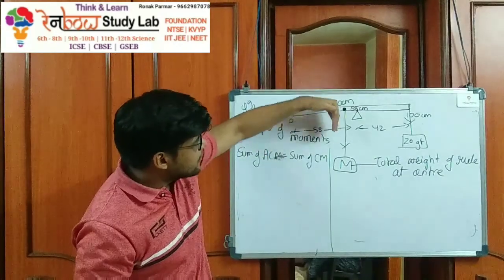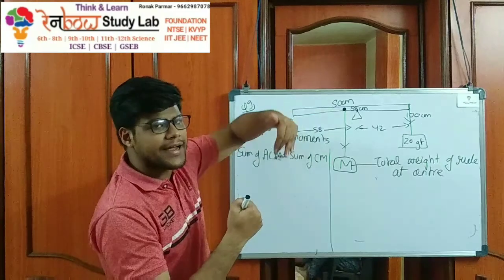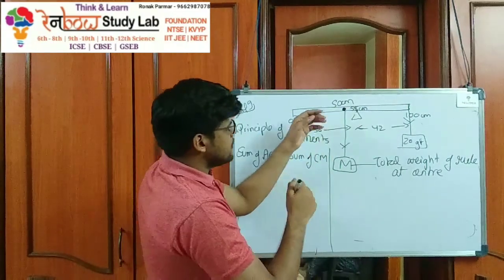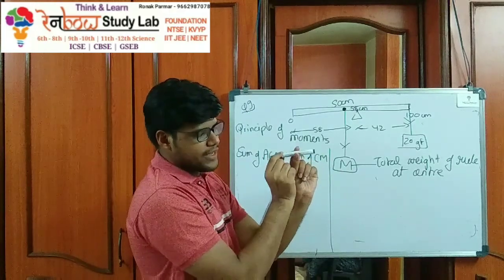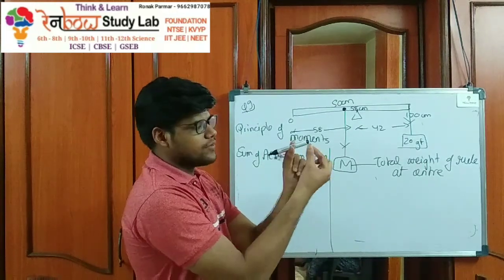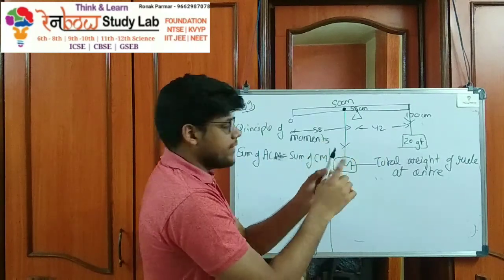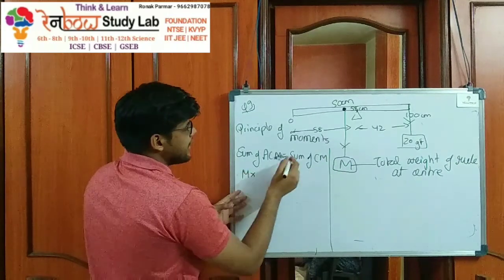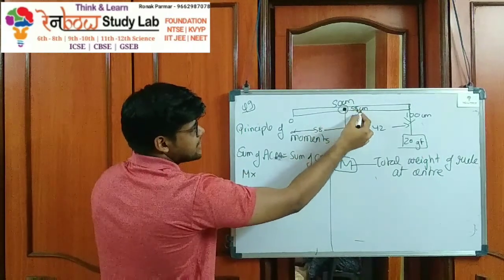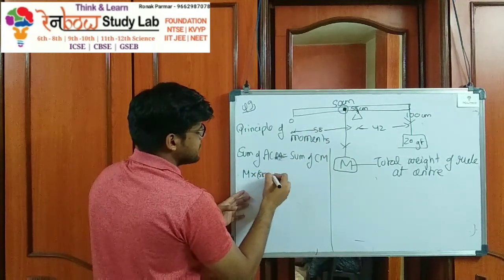Now, the load applied on left hand side of the pivot point and downwards will create anti-clockwise. You can consider this is your pivot point. If I apply force here in downward direction, it is creating anti-clockwise. And if I apply downwards here, this 20 GF, then it will create a clockwise. So anti-clockwise will be mass, force is m, and distance between the mass and the pivot point, 50 and 58, 58 minus 50.